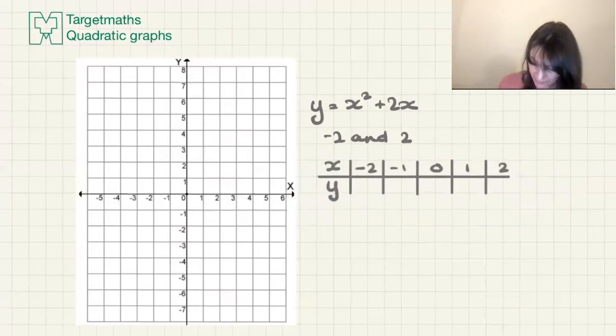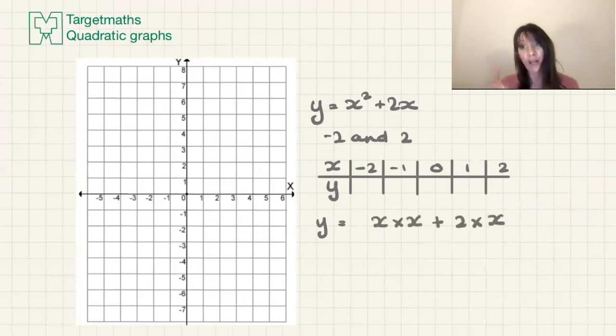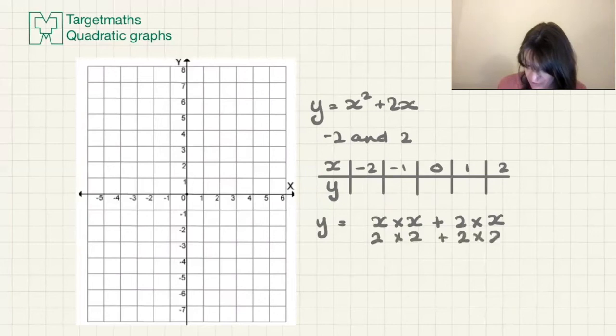Okay, here we go. I have got my y will equal whatever x times x is plus 2 times x. There are a lot of x's in this. Everywhere there is an x, I will be replacing it with the number from the table. So the first number is 2. So I've got 2 times 2 plus 2 times 2.